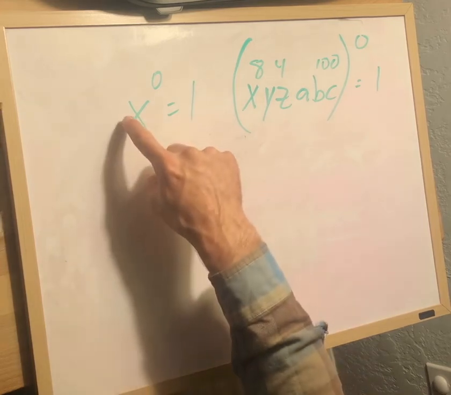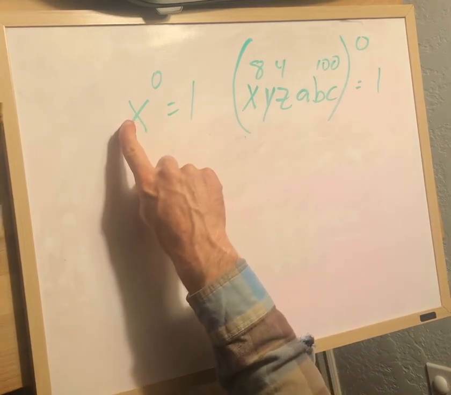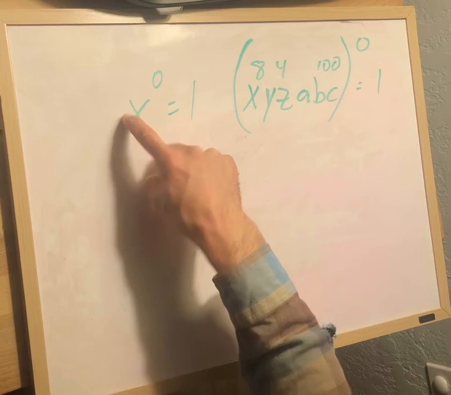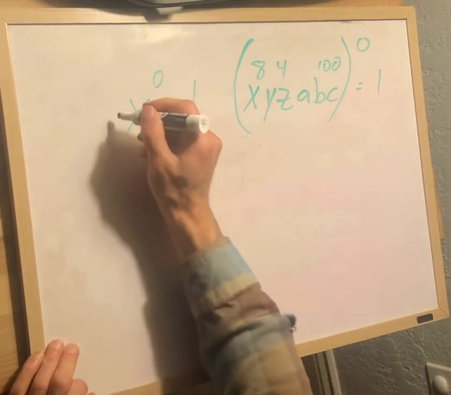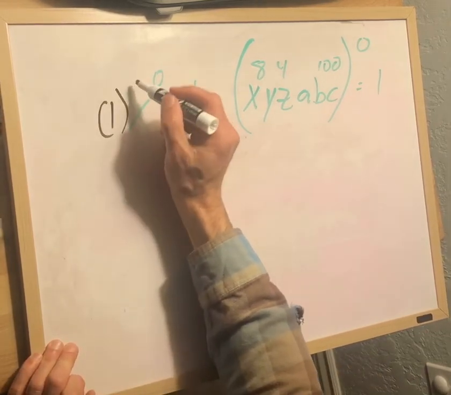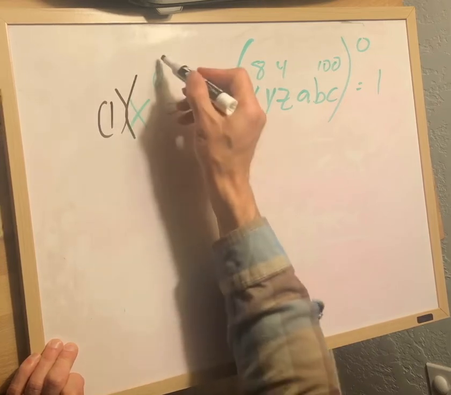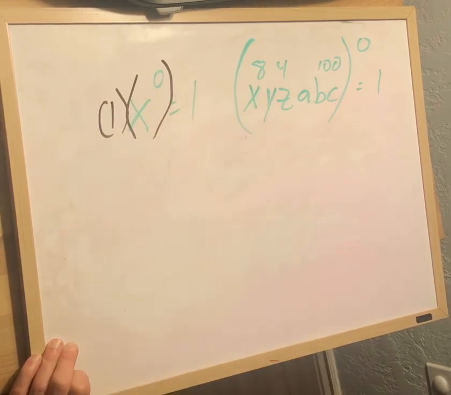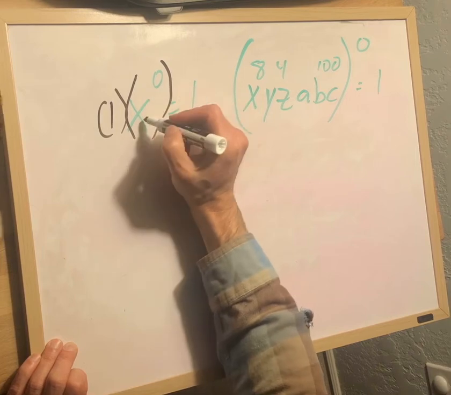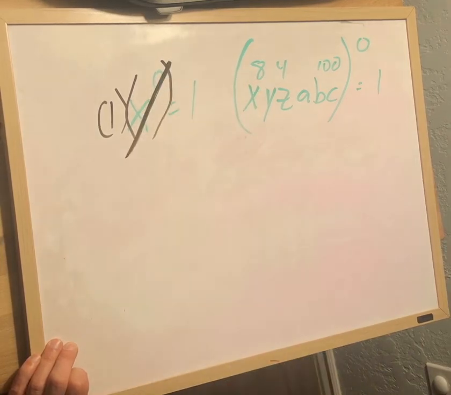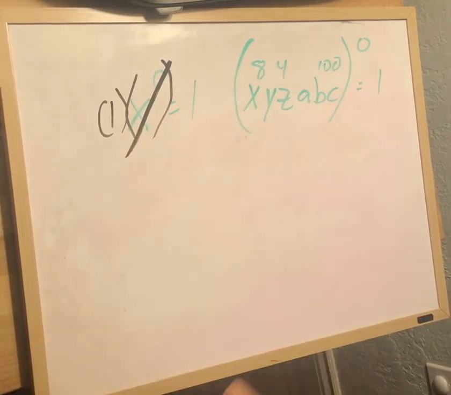What's your invisible coefficient in front of this? Or what number is invisible in front of any variable? A 1. So technically I can rewrite this as 1 times x to the nothing. And if I don't have any x's, this is gone. So I'm just left with the 1.